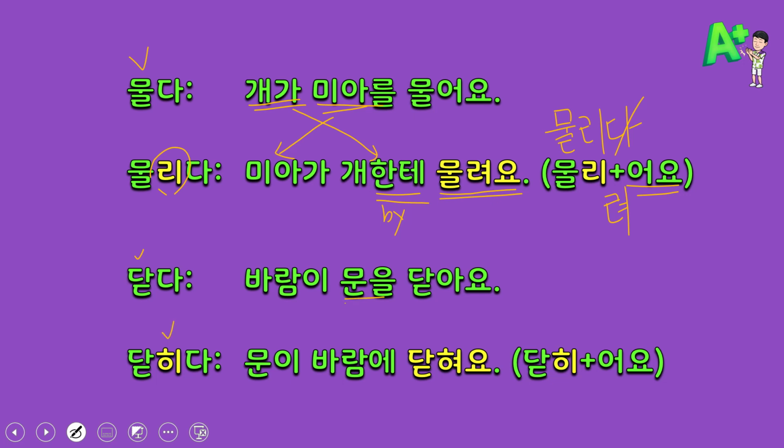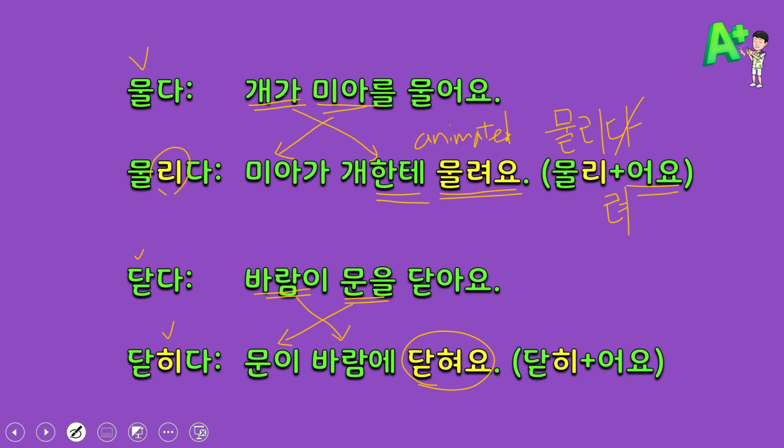The object in the active voice becomes the subject. Then the subject in the active voice follows the subject in the passive voice. Then the passive form of the verb is used. 닫혀요. 문이 바람에 닫혀요.